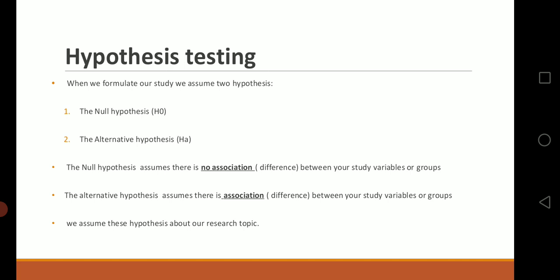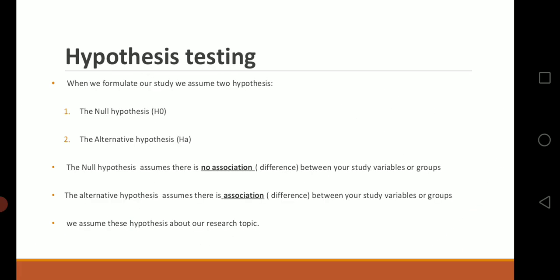When we formulate our study, we assume two hypotheses. There are only two hypotheses. The null hypothesis, which is H0, and the alternative hypothesis, HA.